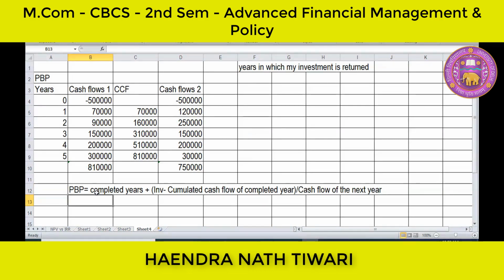That's a very simple formula to understand. Now don't go into writing this down. Just understand what it is.